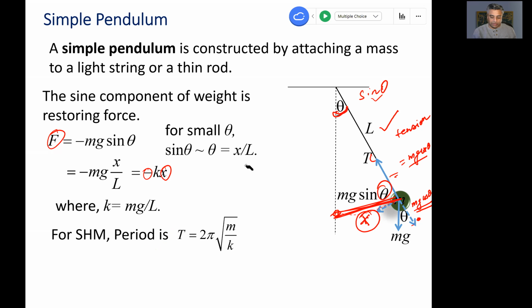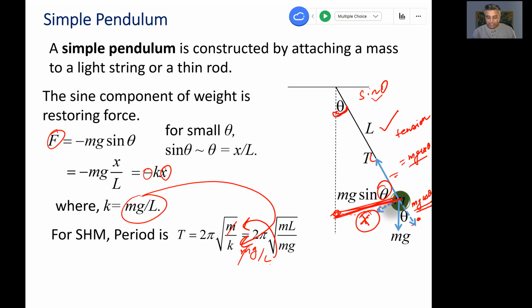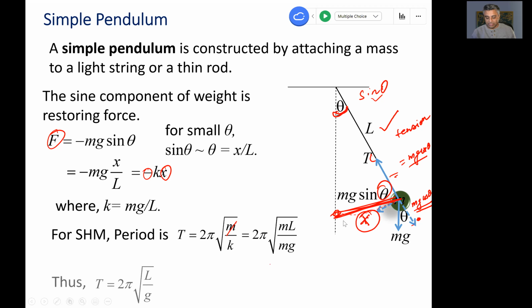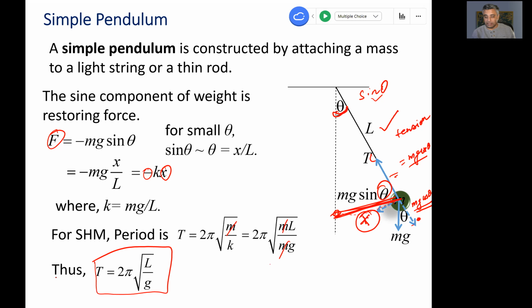So now what I need to do is replace that K by mg over L. So m is going to cancel, L is going to hop up there. Fraction of fraction. Now the m and m cancel, giving you this. So that's the period of oscillation of the pendulum.